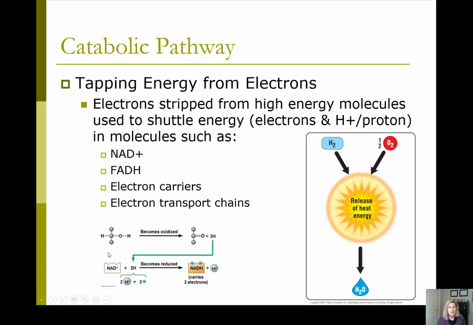It goes from NAD plus, gaining 2 electrons, to something called NADH. So this NADH acts as an electron carrier. In fact, it's carrying 2 electrons.